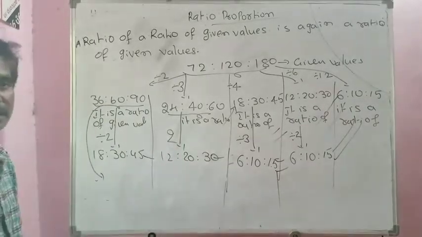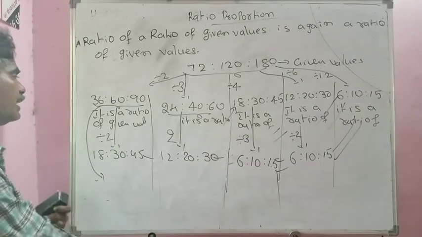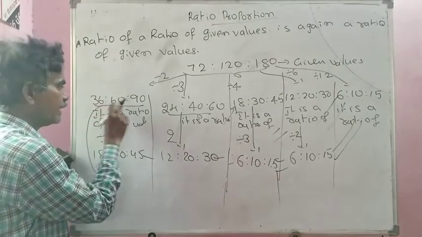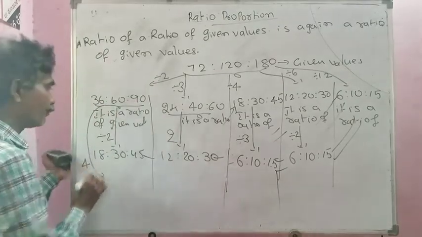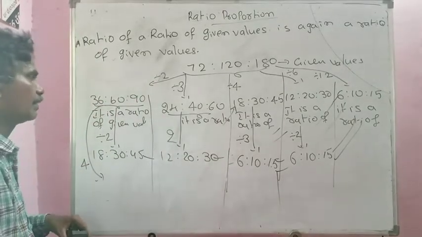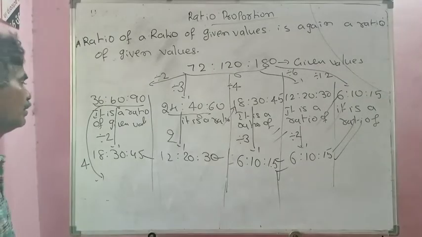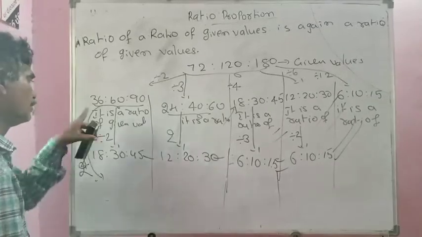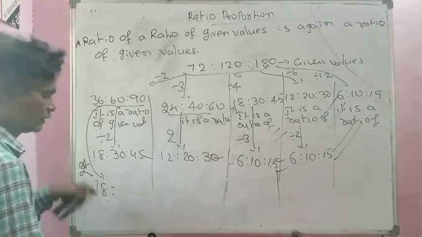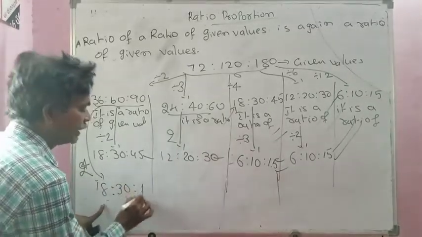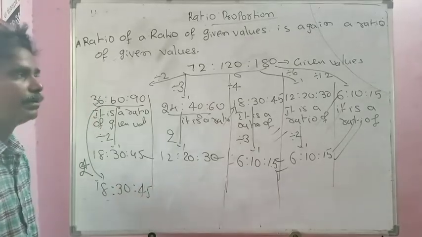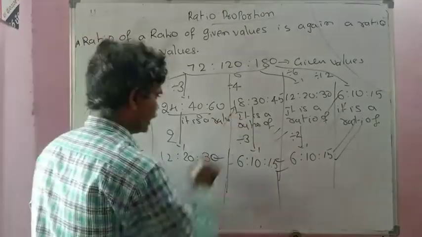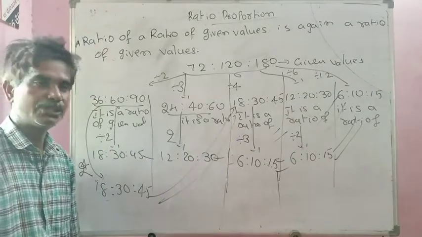For that, let us divide these values by 2. Then we'll have 18, 30 and 45, which is equal to an already existing ratio.